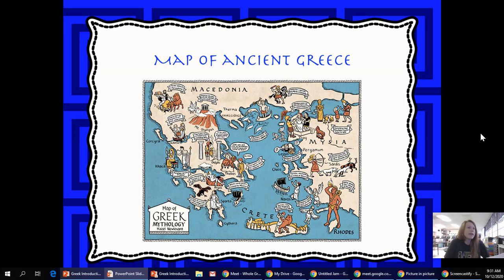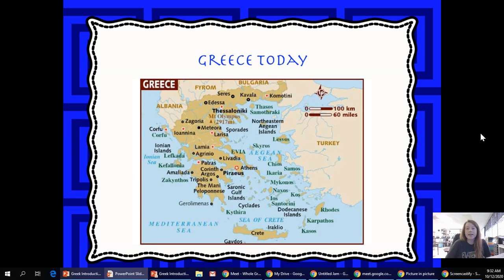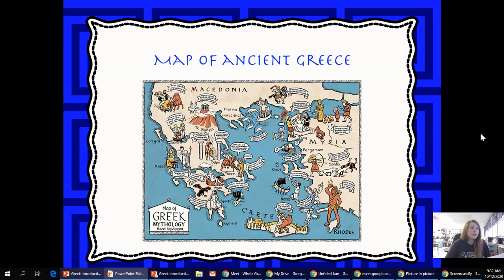So here's a map of ancient Greece. So a long time ago, this is what it looked like. See all the different, let's see, I can't really read it on my screen, but that's what it looks like way back when. And this is what it looks like today. So right here, you'll notice it says Mysia, maybe.